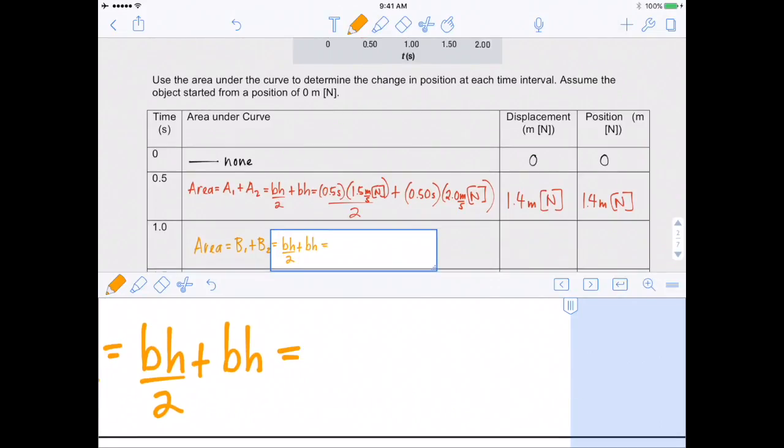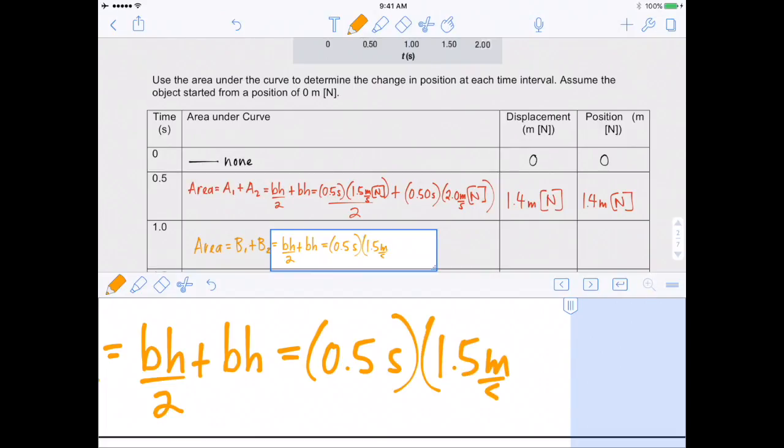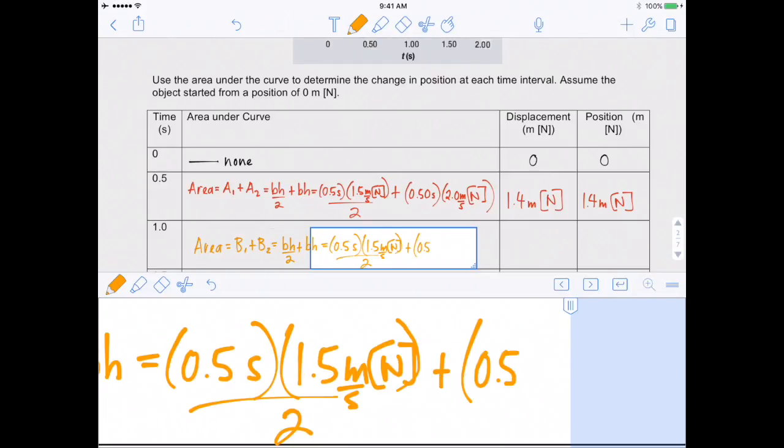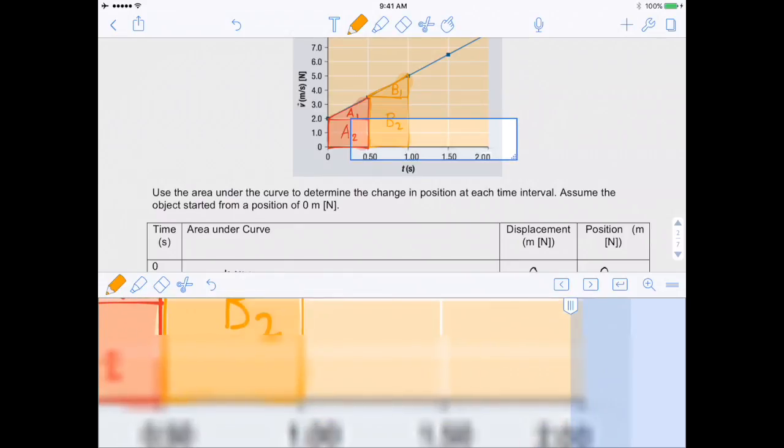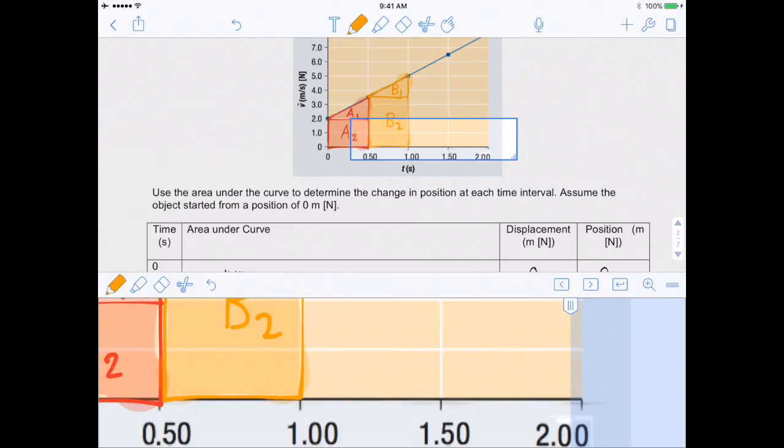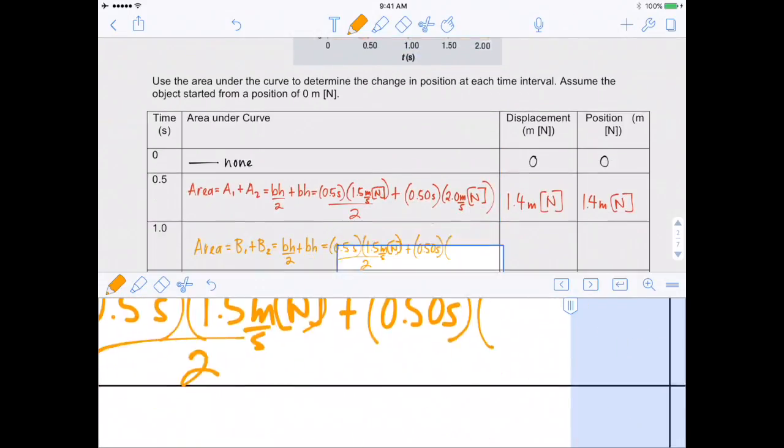So I told you that the dimensions of this little triangle are the same as that for A1. So that's 0.5 seconds wide times 1.5 meters per second north divided by 2. And the rectangle has the same base, 0.50 seconds, but its height is different. So this rectangle goes from 0 all the way up to 3.5.